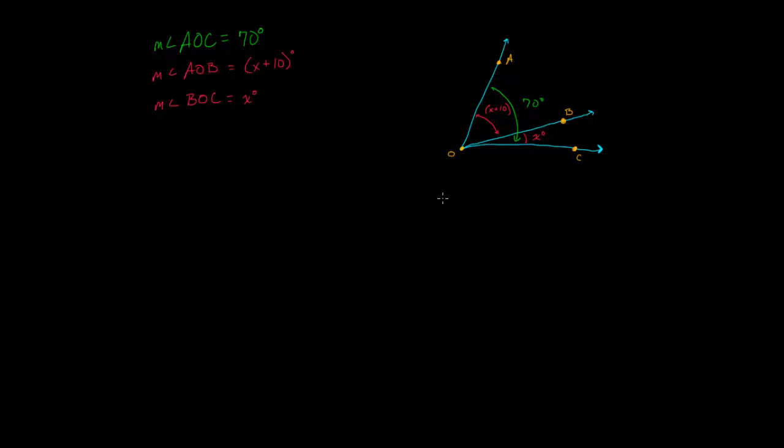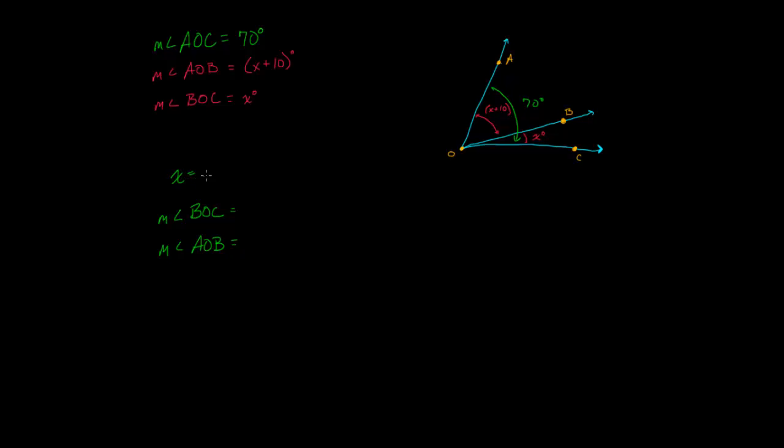Now, we've got to solve it. It wants us to find what X equals, and it also wants us to find the actual measure in degrees of angle BOC, and then it also wants to know what the measure of AOB is.